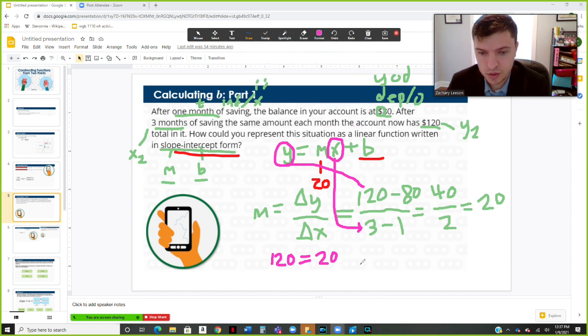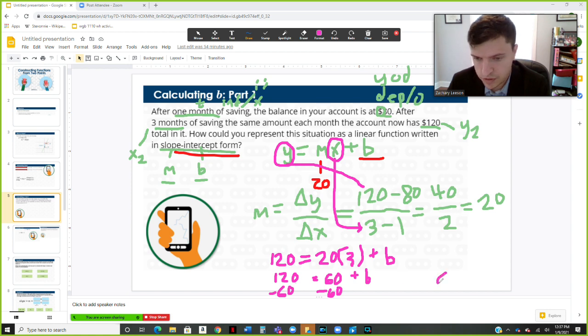So that 20 is actually being multiplied by 3 and then being added to the initial value to get my 120 here. So 120 equals $60 plus b, my initial value, and I subtract 60 from both sides to isolate that variable, and I'll have $60 is b. $60 was my initial value that I had in my savings account before I started saving anything up here.